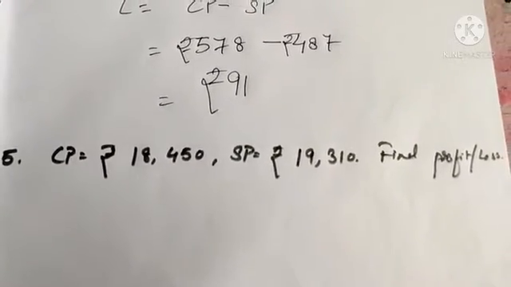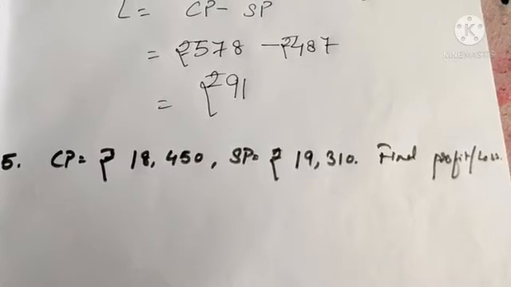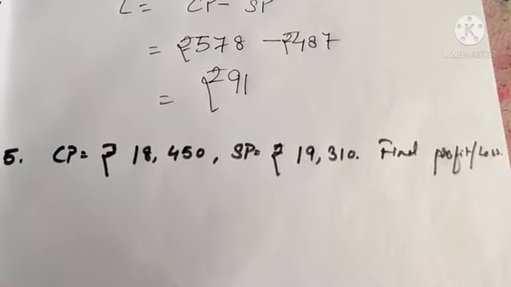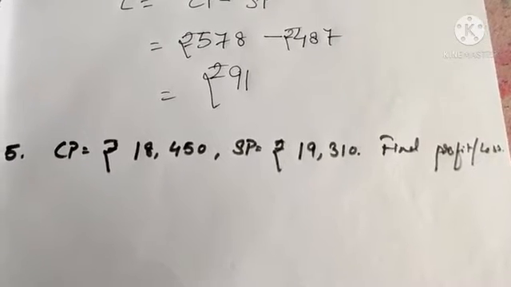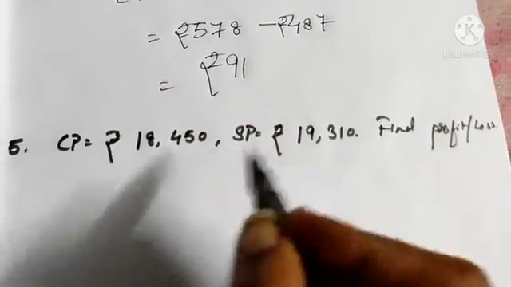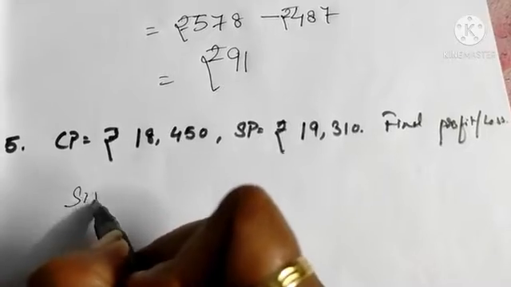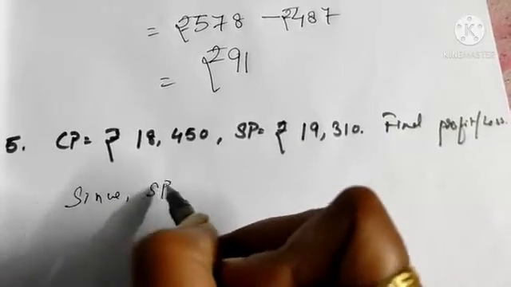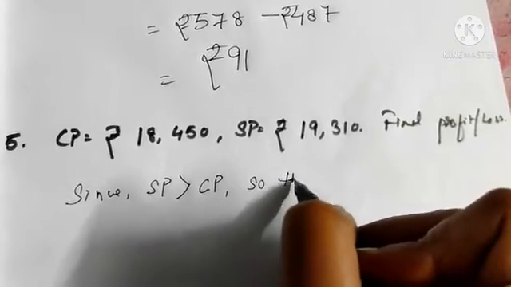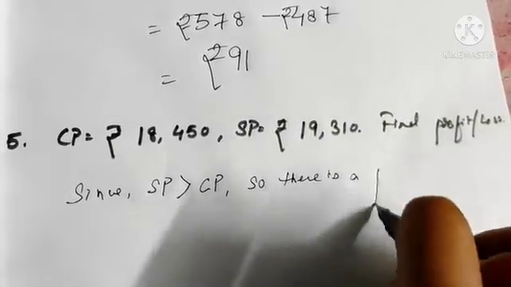Here CP, the cost price is rupees 18,450 and selling price is 19,310 rupees. So find profit or loss. Here SP is greater than CP. Since SP is greater than CP, so there is a profit.